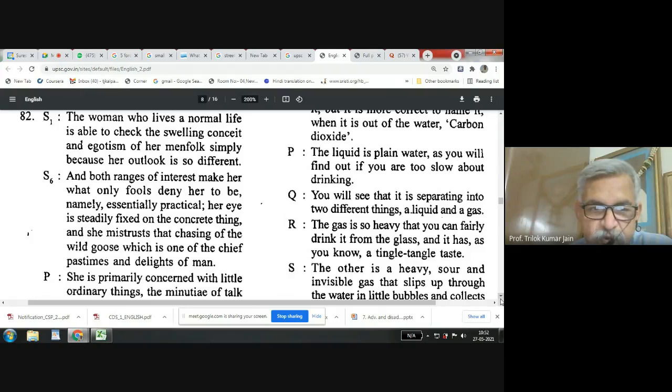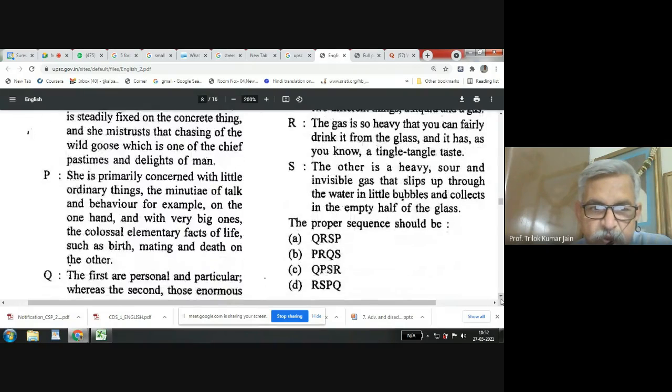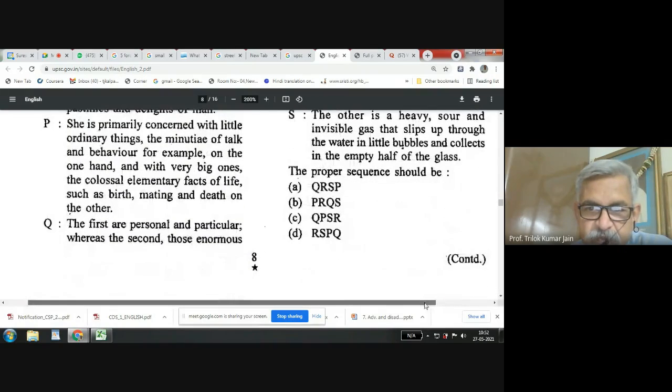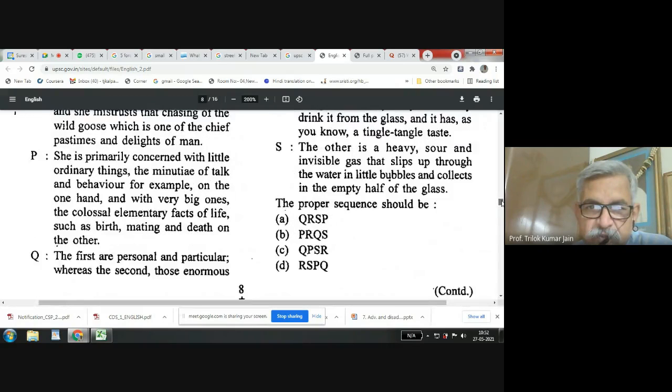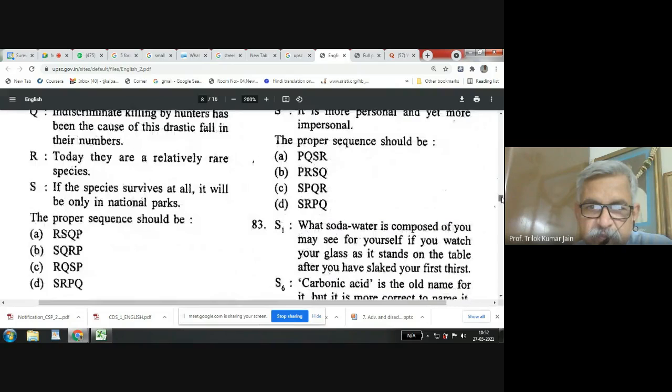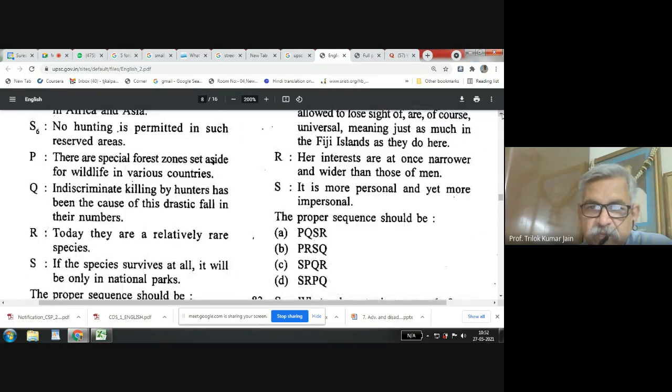Now the 4 sentences P, Q, R, S are mentioned here, and look at the answers so that we can select out of them. Answers start with P or S and end in S and Q or R. Let us look at R: her interests are at once narrower and wider than those of men.